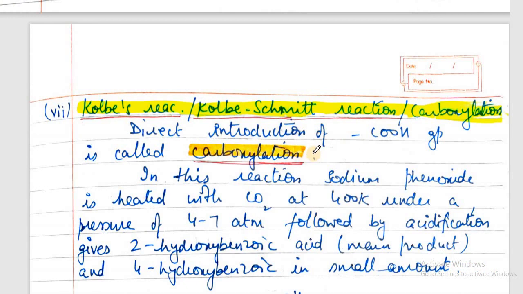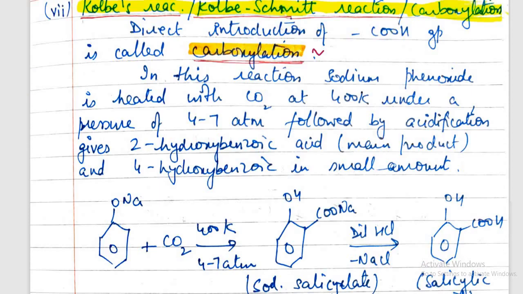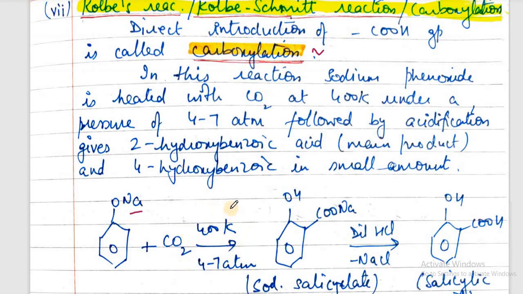In this reaction, sodium phenate is treated with carbon dioxide at 400 Kelvin temperature and 4 to 7 atmosphere pressure, and we get COONa at the ortho position, and in the presence of dilute HCl, that is further acidification, NaCl is removed and H replaces the sodium, that is COOH is formed, and this is called salicylic acid.